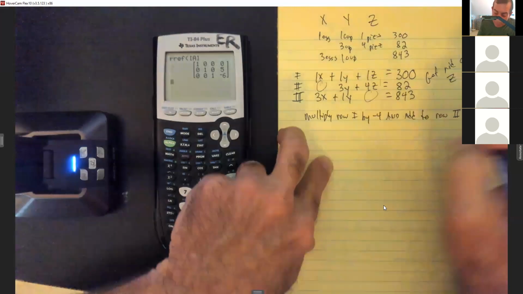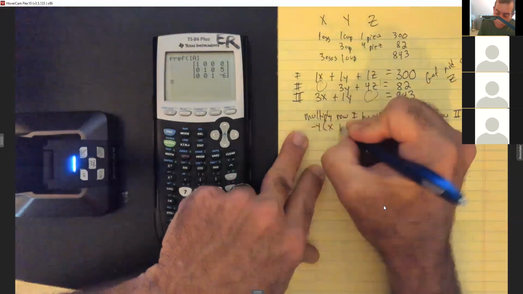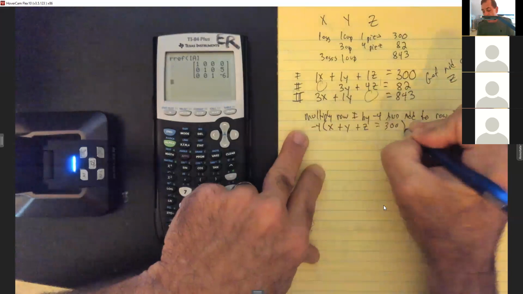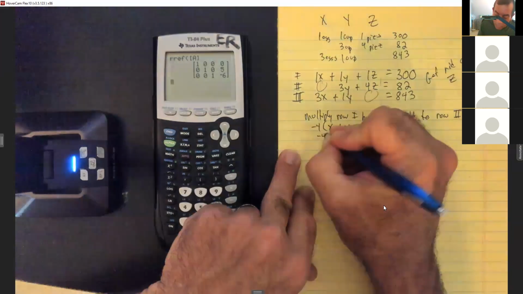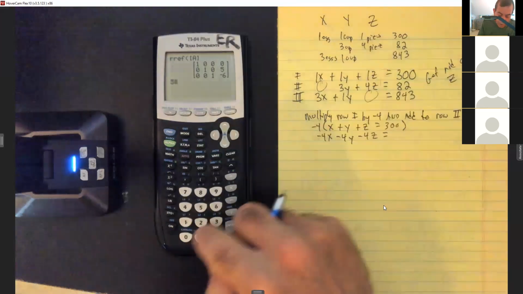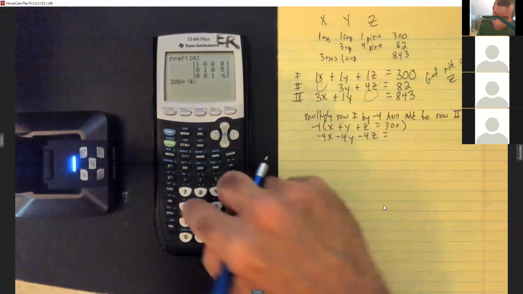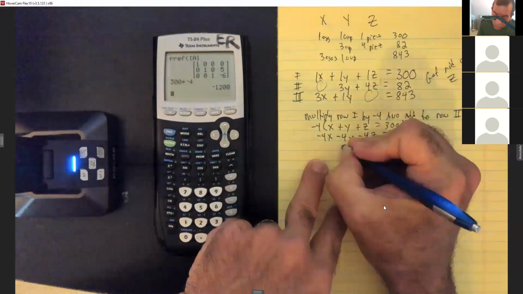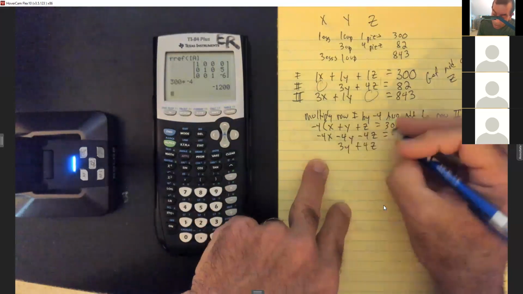So let's take that negative 4 times row 1, which is an X plus a Y plus a Z equals 300. So really that negative 4 is going to change all the signs. So negative 4X, negative 4Y, negative 4Z, and then 300 times negative 4 is what, negative 1200? Add that to row 2, which was a 3Y plus 4Z equaled 82.